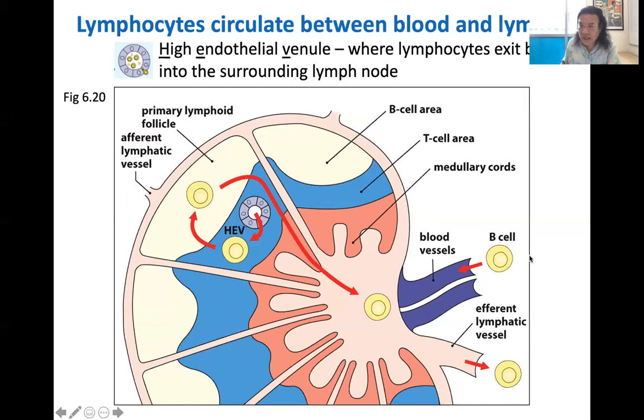As a result, blood cells like red blood cells will pass through here, come up behind, pass through the tissue, and nutrients will diffuse out of the blood vessel to feed the tissues of the lymph node. But the blood cells themselves, like red blood cells, never enter the lymph vessel. They just pass through the lymph node and then eventually continue on through the blood to the next tissue destination.